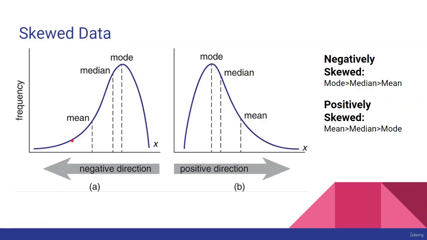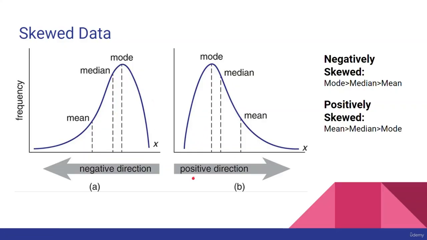So now let's understand the terms here. This bell is also referred to as the hump, and this is called the tail. On the basis of the tail's direction, we term the particular shape of the curve. Because the tail is towards the left, it's in the negative direction, and we call it negatively skewed.